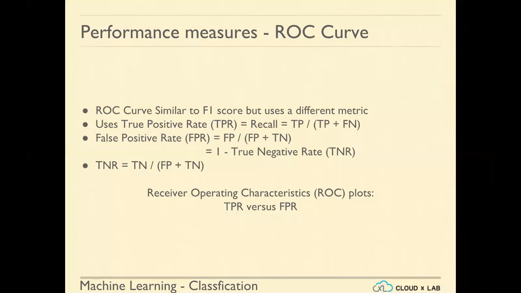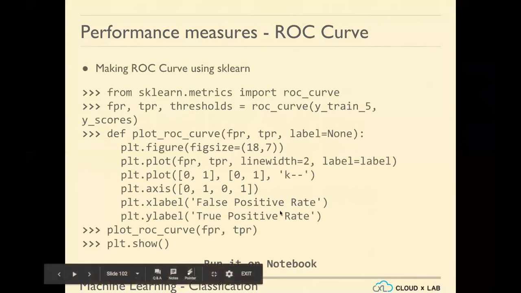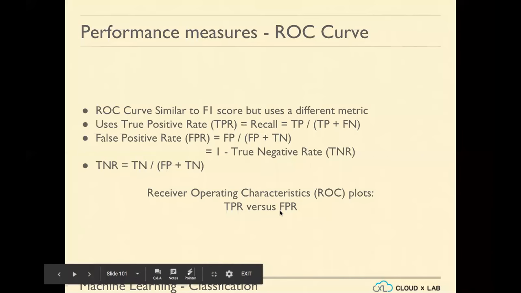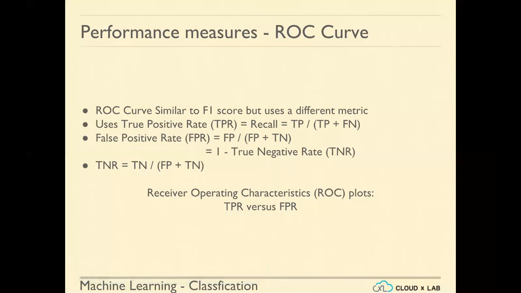False positive rate is the number of false positives divided by false positives plus true negatives. So the false positive rate and the true positive rate are the criteria for the ROC curve.